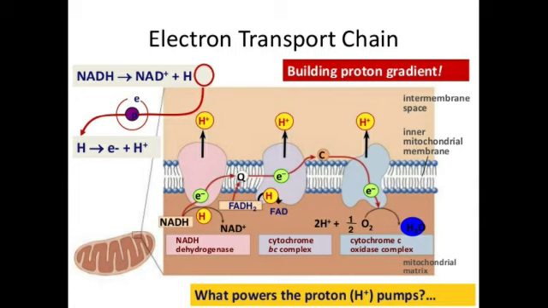The electrons, as they move through the system, release energy which is trapped by ADP to synthesize ATP. This is called oxidative phosphorylation. In this process, oxygen, the ultimate acceptor of electrons, gets reduced to water.